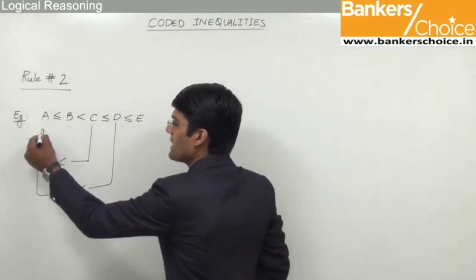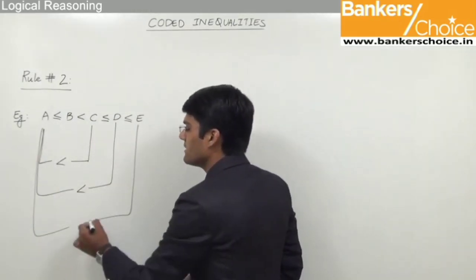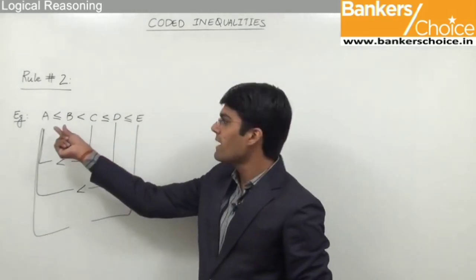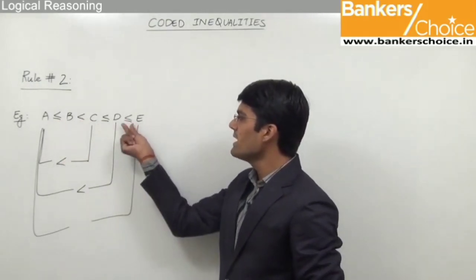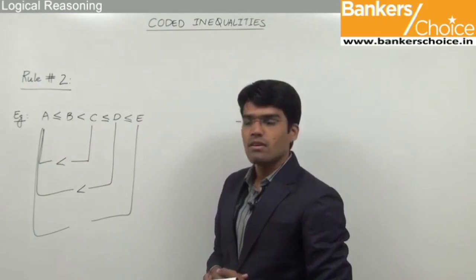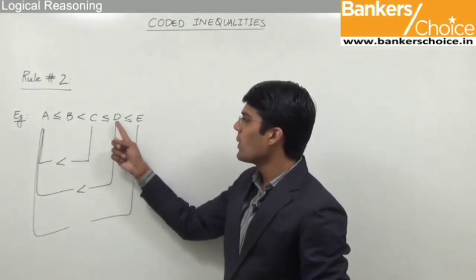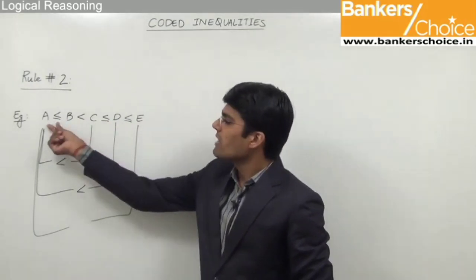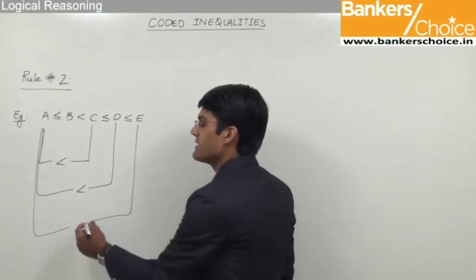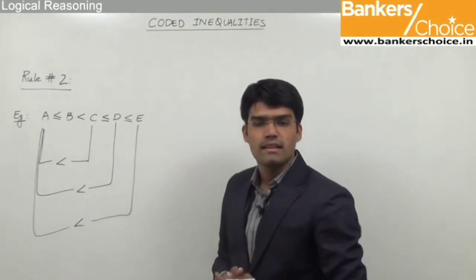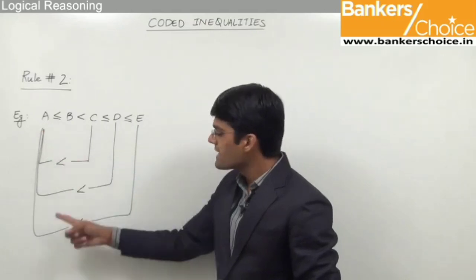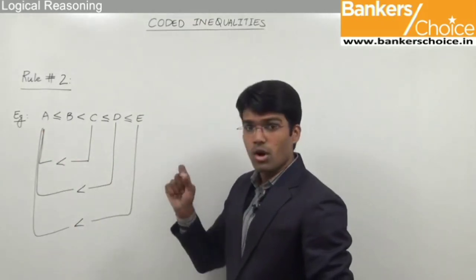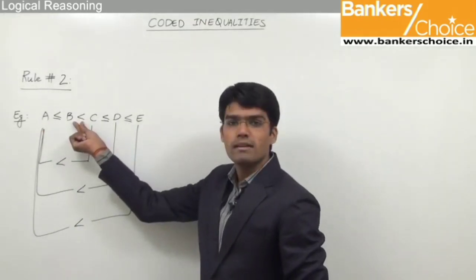Again, if we try to compare the variables A and E here, the different types of inequalities we have are A less than or equal to B, less than C, less than or equal to D and less than or equal to E. So out of all these different inequalities, again the common part in each one of them is less than. So we can say that A is less than E. Remember, again we cannot take the relationship as A less than or equal to E, because here we don't have the equality part.